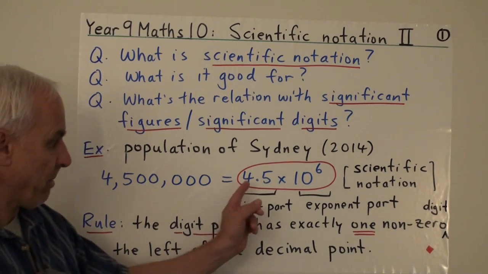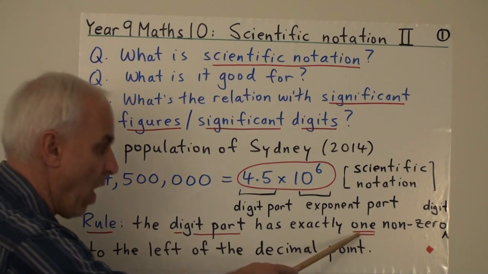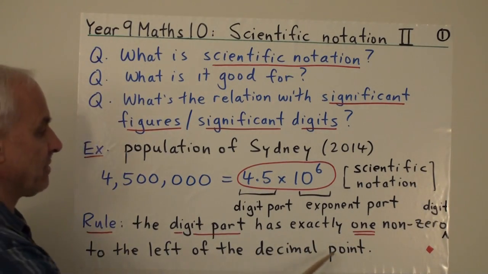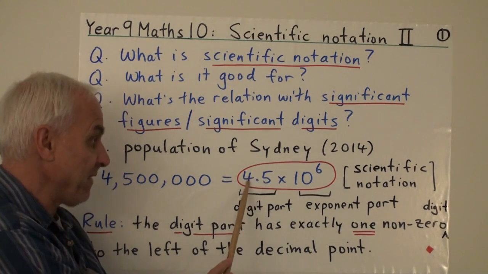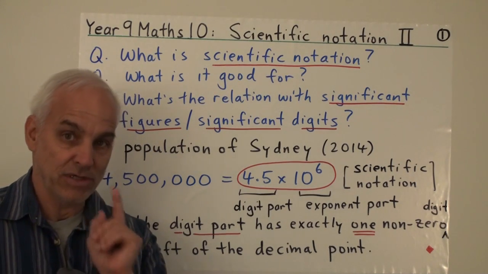And there's something special about this digit part. All right, so the rule is that the digit part has exactly one non-zero digit to the left of the decimal point. Here's the decimal point. To the left of the decimal point you see a 4. You see a single digit.